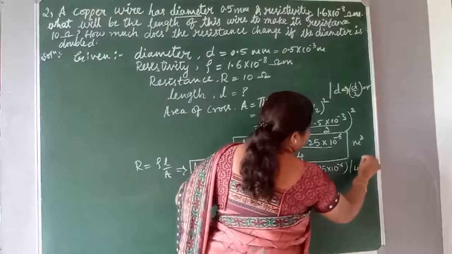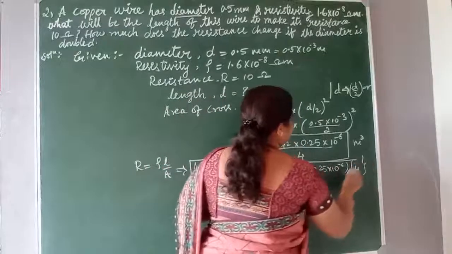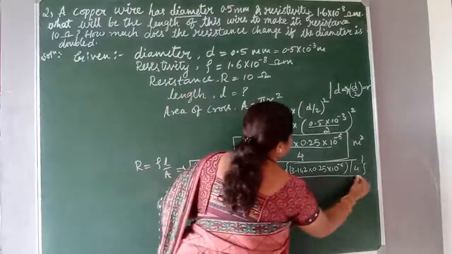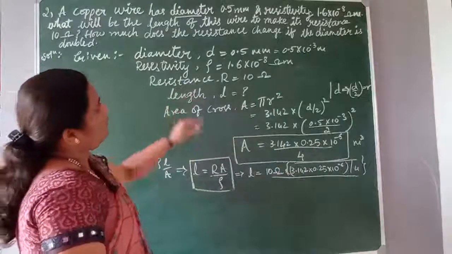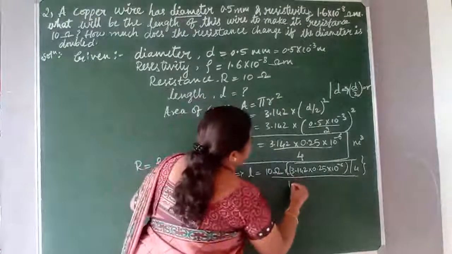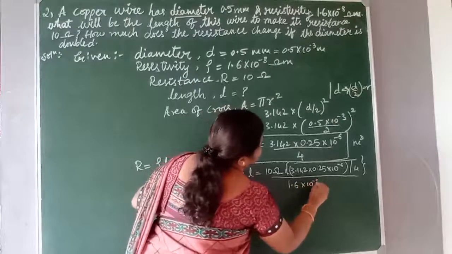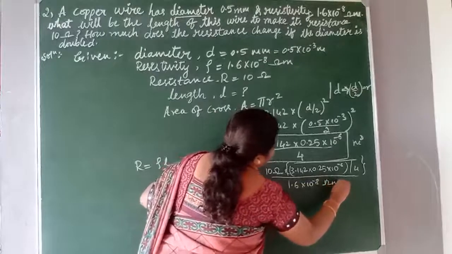Divided by 4. This is all one term, isn't it, children? Divided by, now what is the rho value? 1.6 into 10 to the power of minus 8 ohmmeter, isn't it?